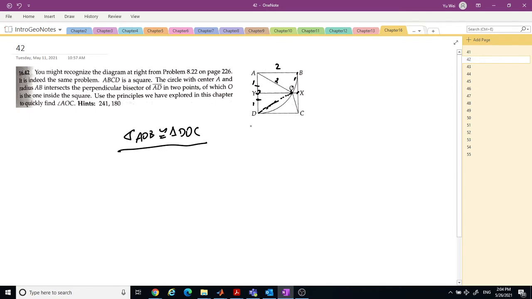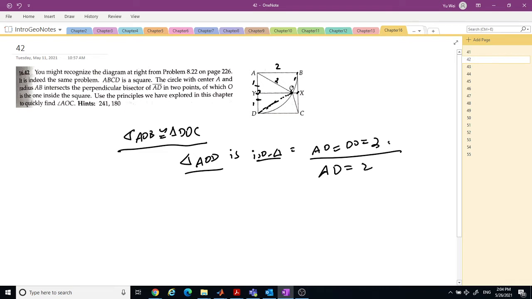So that's why the triangle AOD is an isosceles triangle, right? That means AO equals DO equals 2. If AO equals DO equals 2, then AD also equals 2. That means this triangle is equilateral, so AOD is an equilateral triangle.